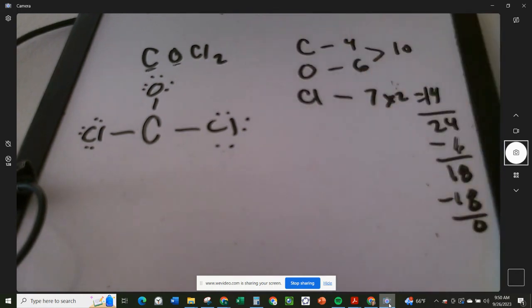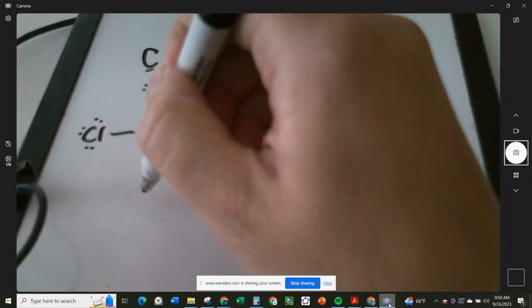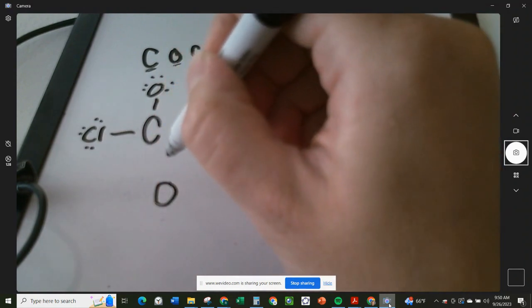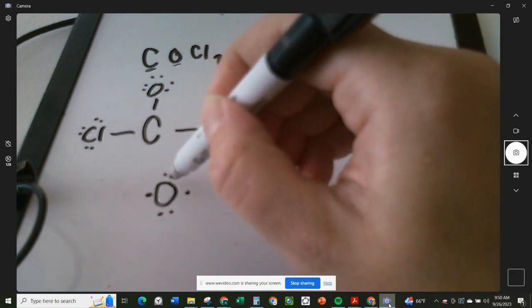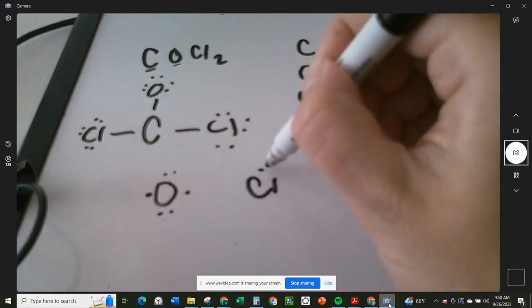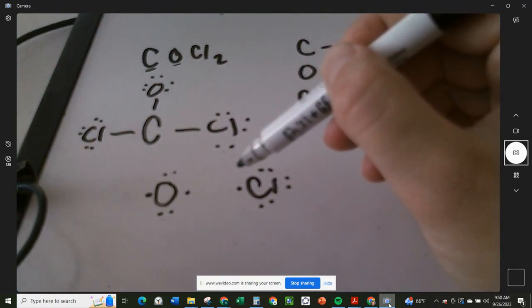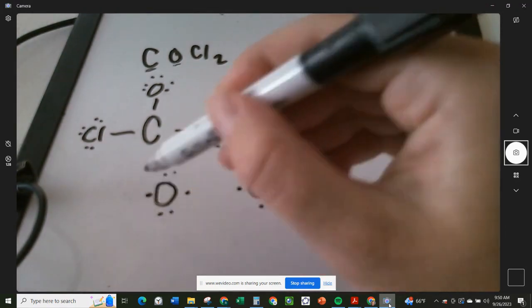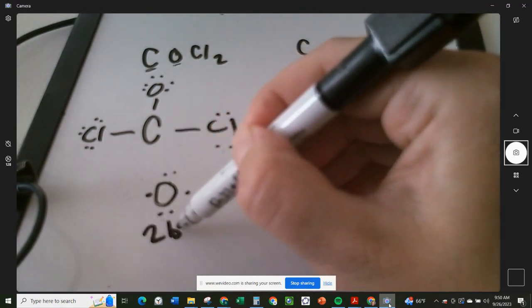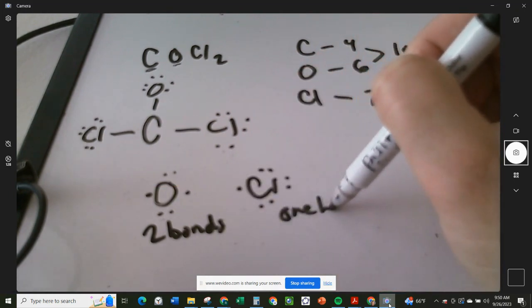Then we have to decide which of these atoms we're going to take electrons from and share with carbon. Oxygen has 6 valence electrons, chlorine has 7 valence electrons. So chlorine has 1 lone electron to share, oxygen has 2. Oxygen wants to form 2 bonds, generally, and chlorine wants to form 1 bond.